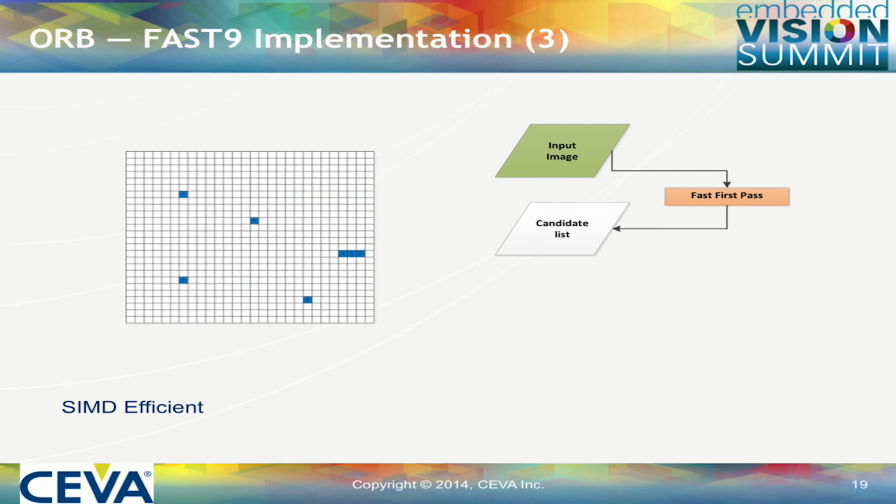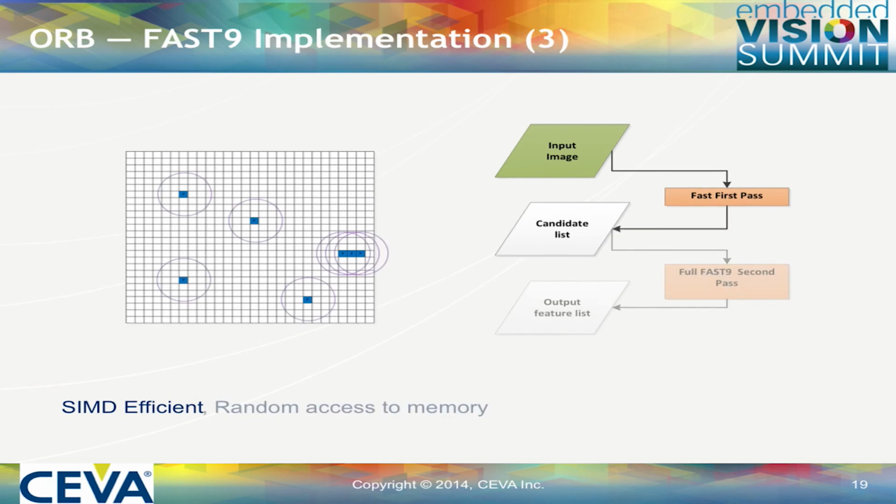Using a technology called conditional flow, I can store only the interest points that are needed for the second pass into a candidate list. And the second pass can do what's called multiscalar.